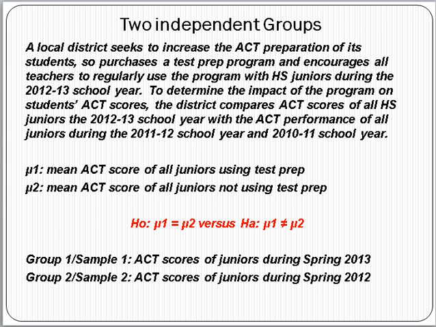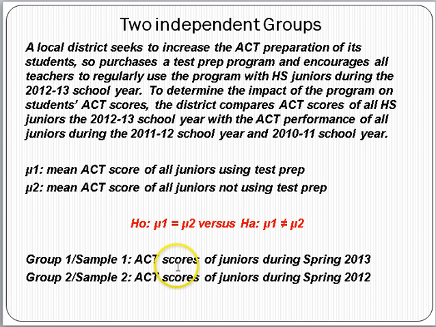So our hypotheses are: the null hypothesis, the skeptic's hypothesis, is that the means of the two groups are equal. And now we don't really have any indication which method is better, so we'll take a conservative approach, and the alternative is that the mean ACT scores of juniors using test prep and those not using test prep are not equal.